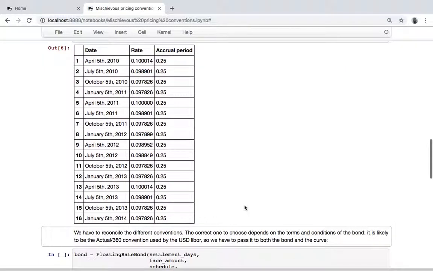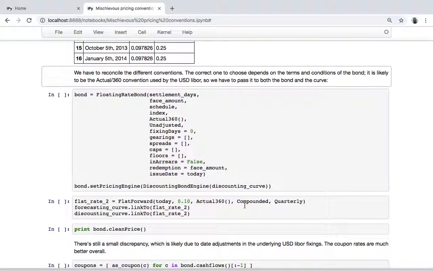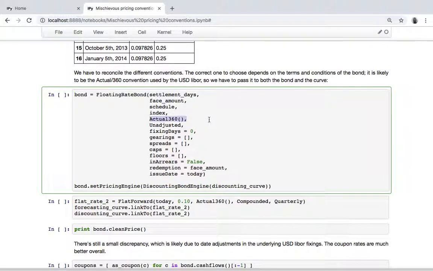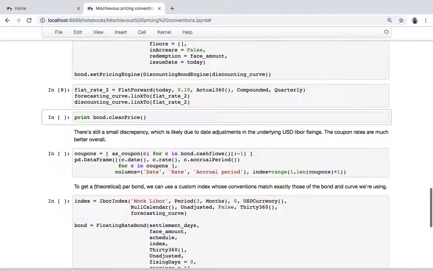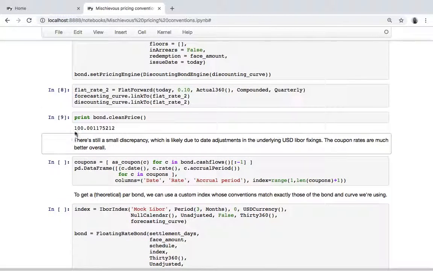Anyway, if we reconcile the different conventions, by which I mean we use actual/360 for the index, as the accrual day counter for the bond, and also as the day counter that we use in the curve to convert dates into times, we get a clean price which is much closer to the 100 that we expected.